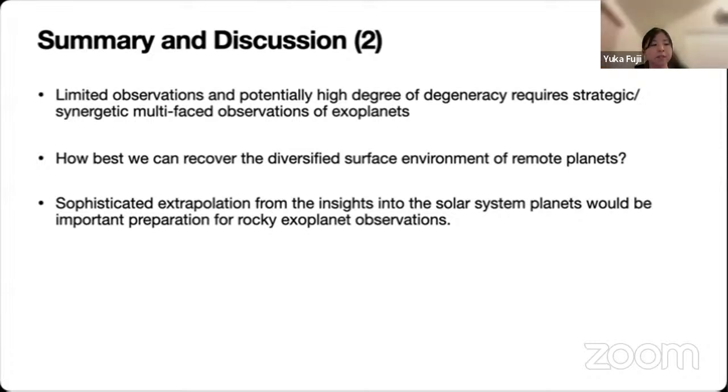I think in the near infrared, the features from icy or snowy surfaces would have prominent features. So it's one of the important clues.